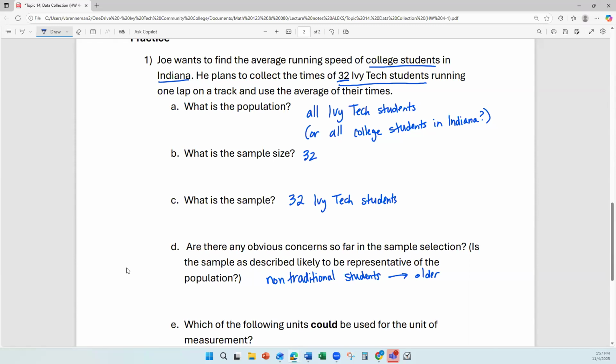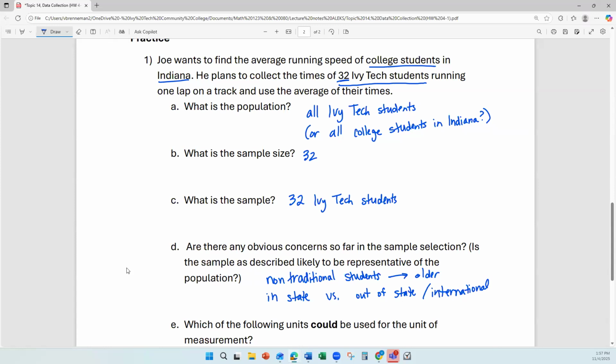Something that may or may not have an effect is that Ivy Tech is mostly in-state students, so in-state versus out-of-state or international. So if there's potentially something about people from Indiana that would make them have a different average running speed compared to if you add in people from other states or other countries.